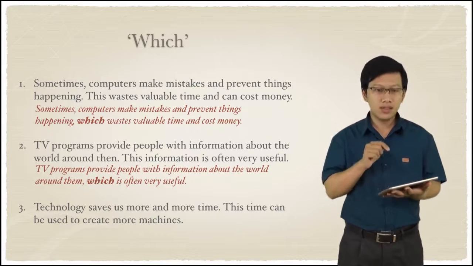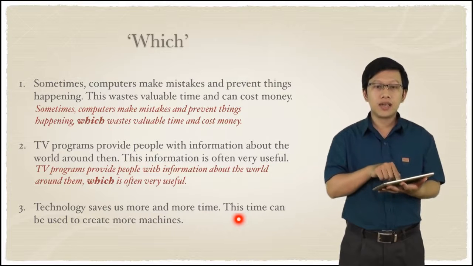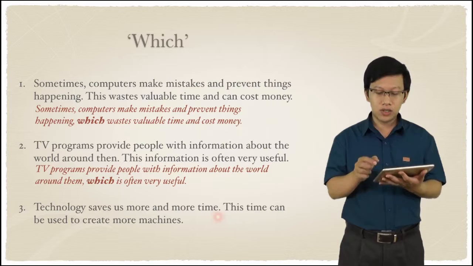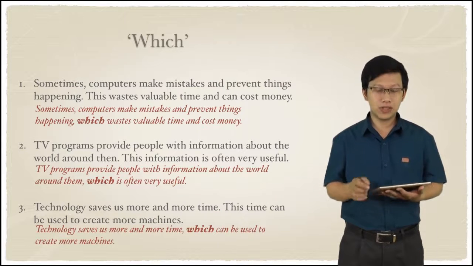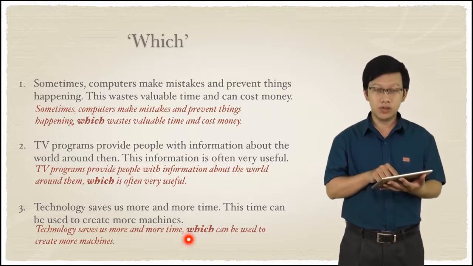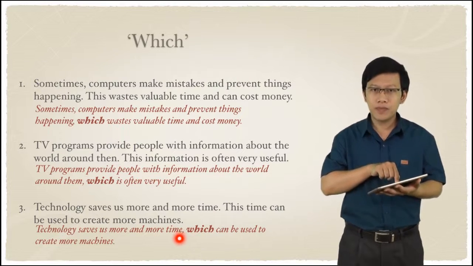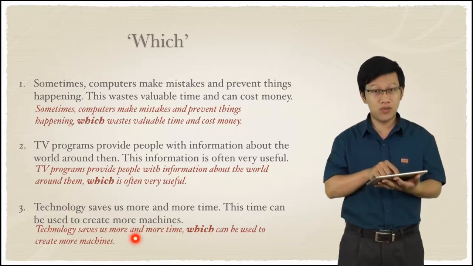What about the third one? Technology saves us more and more time. This time can be used to create more machines. So I'm gonna write something like: technology saves us more and more time, comma, which can be used to create more machines. Let's say again, which here actually refers to time, but it can also refer to the whole clause before it.